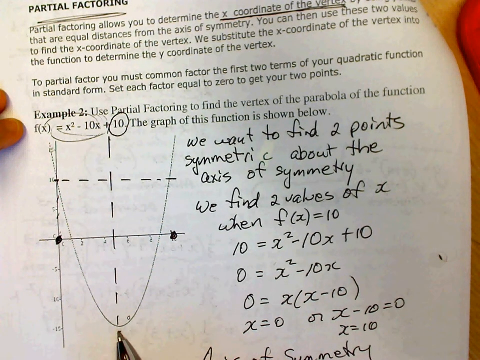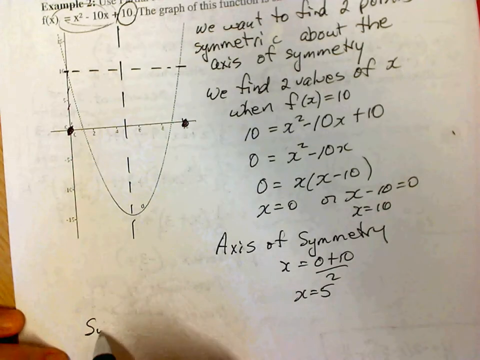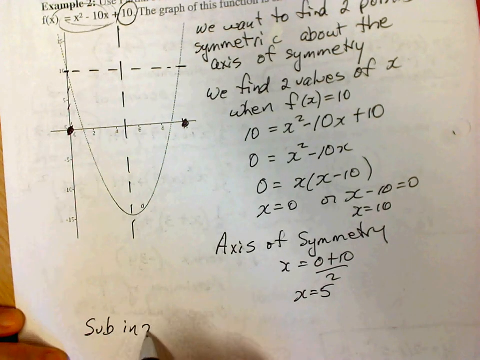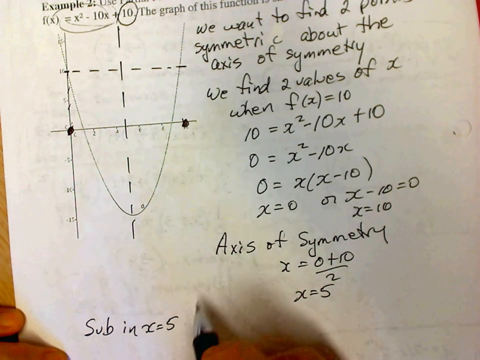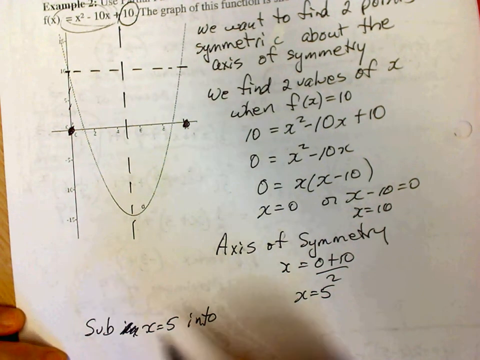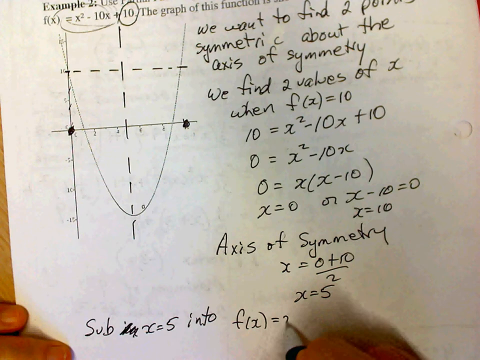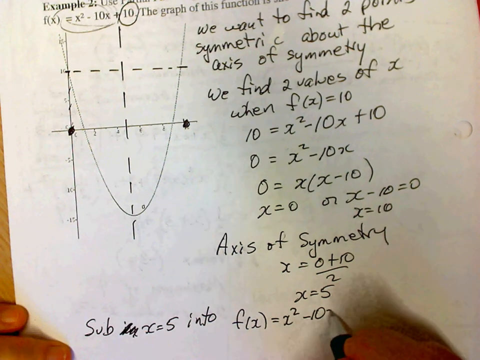Perfect. Sub x equals 5 into f of x equals x squared minus 10x plus 10. Now you might not be familiar with this kind of symbol.